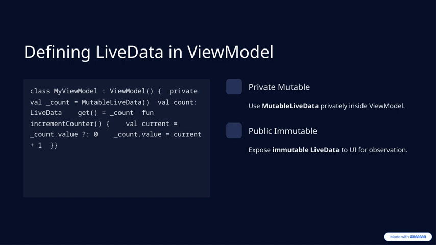It reads the current value of count, defaults to 0 if null, and then updates the value by adding 1. This encapsulation ensures that data changes happen through controlled methods, further promoting a clean architecture. Connecting this to our overall theme, it's all about creating a robust, predictable data flow where the UI reacts to data changes safely and efficiently.